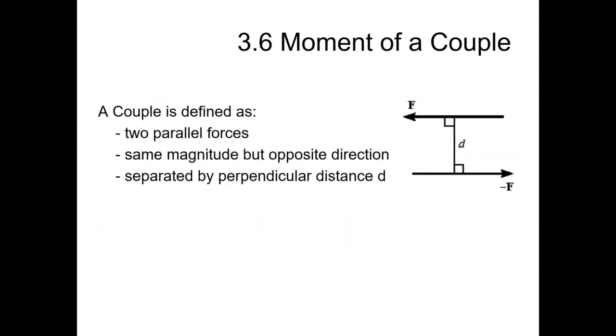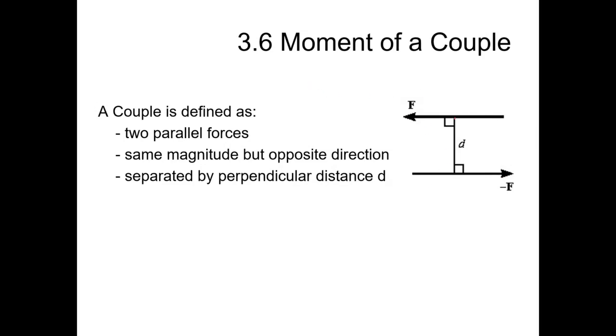Okay, last topic for today, that is moment of a couple. Moment of a couple is when two forces of equal magnitude but in opposite direction are causing a rotation. So this couple is simply the magnitude of one force multiplied by the shortest distance between two parallel lines.